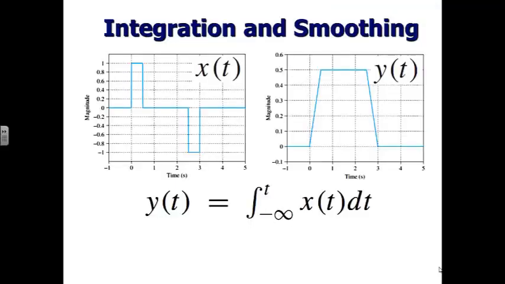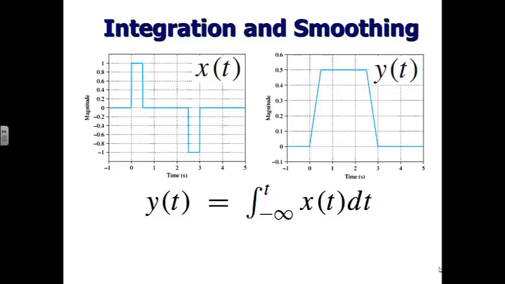Now some more advanced operations on signals that you're familiar with from calculus: integration and differentiation. Integration, although we don't always recognize this, is actually a kind of smoothing operation. It takes things that have sharp edges and makes those edges less drastic.